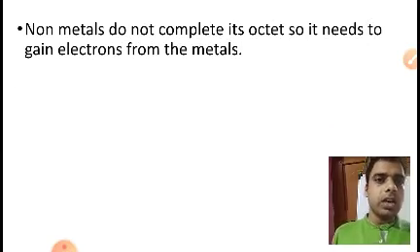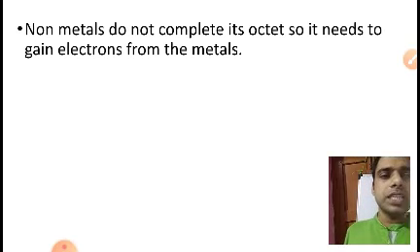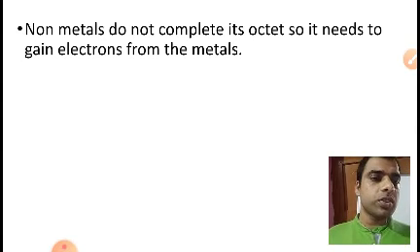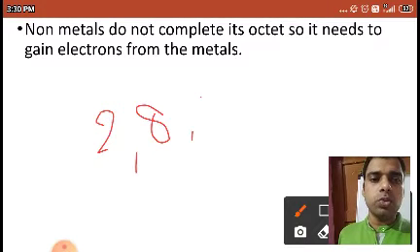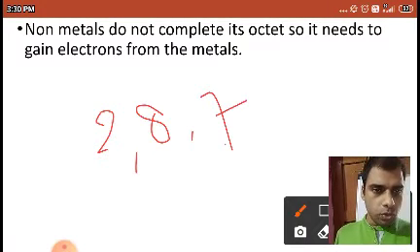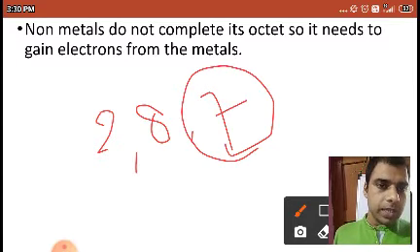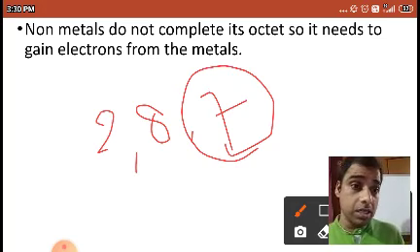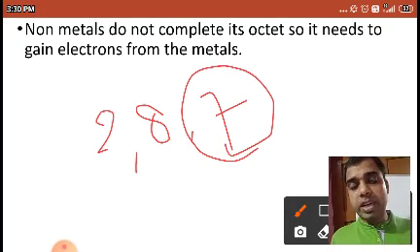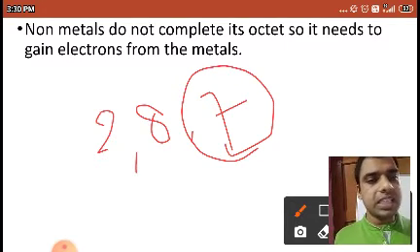Now you can see non-metals do not complete their octet, so they need to gain electrons. Why are non-metals doing this? If I am writing 2, 8, 7 chlorine, this 7 cannot be lost, because for losing such 7 electrons it requires a high amount of energy, and it cannot lose that.